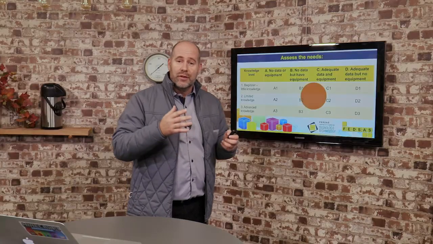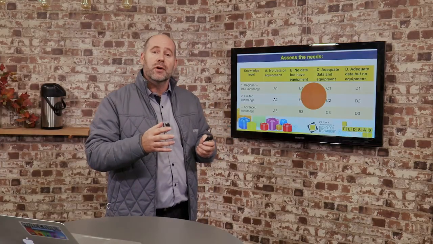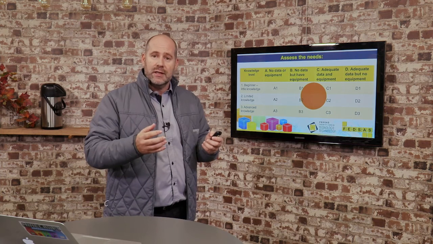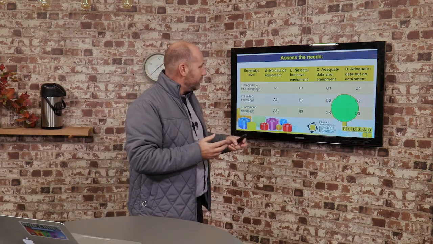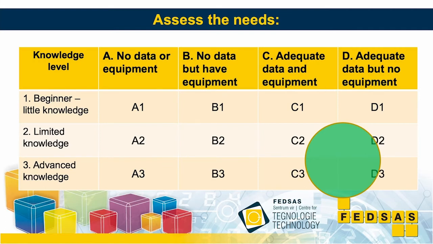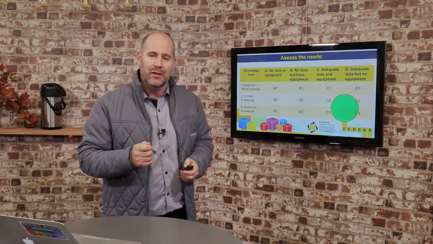The starting point for them will be different, and you can grow them deeper and faster into being more computer literate. The last group of people will fall into a green spot with advanced knowledge as well as adequate equipment and data access. These people are very useful on the SGB because they can support the people in the red and the orange spots to grow faster. Make use of these people in your team.